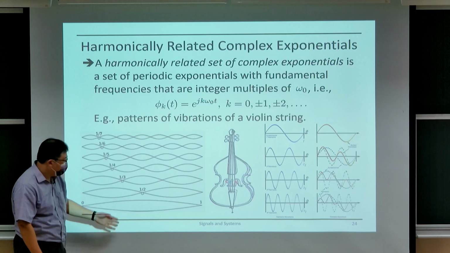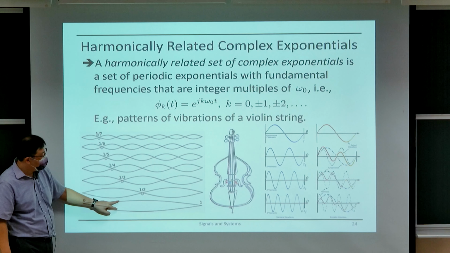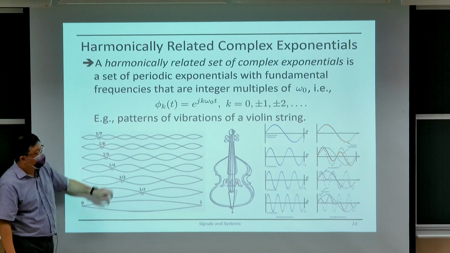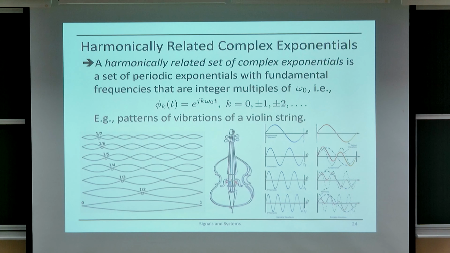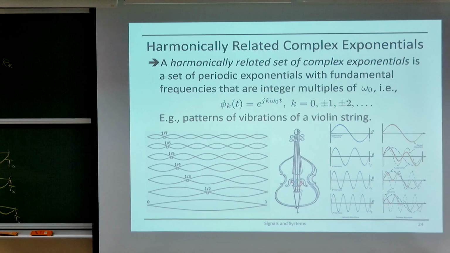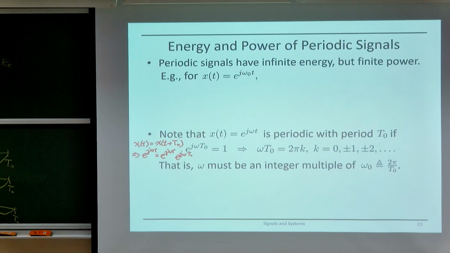Then when you draw your bow, you see oscillations of the string that actually take on these sinusoids that are harmonically related. And sets of harmonically related sinusoids have a significance in our study. So let me stop here, and we'll go through this again next week.